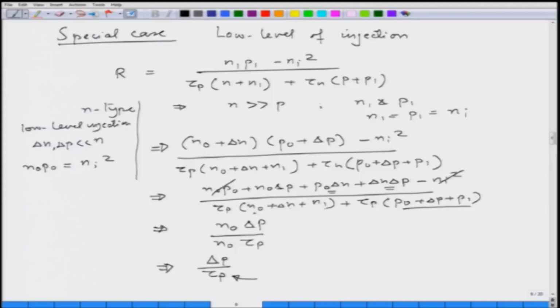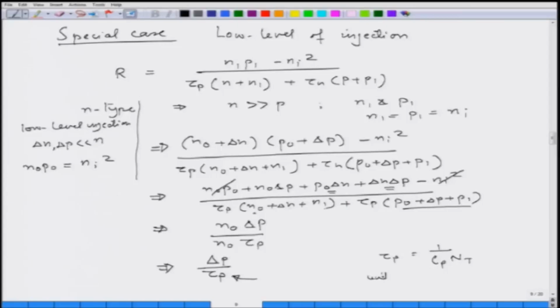It is also important to mention that if we look at the dimensionalities, tau of p, which is defined as 1 over the capture coefficient C p times n t, has dimensions such that tau is in seconds and n t is in per centimeter cube, which means the units for the capture coefficient are 1 per centimeter cube per second.